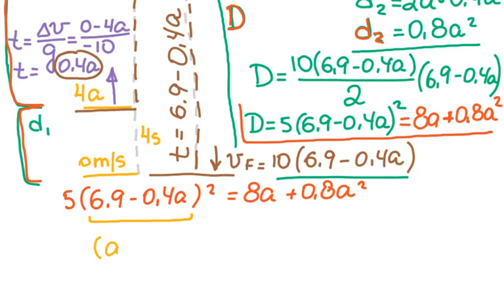So if I have (a minus b) squared, that is a squared minus 2ab plus b squared.